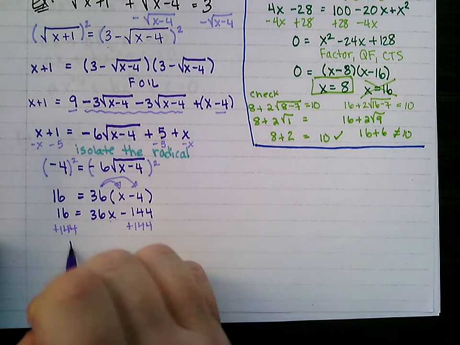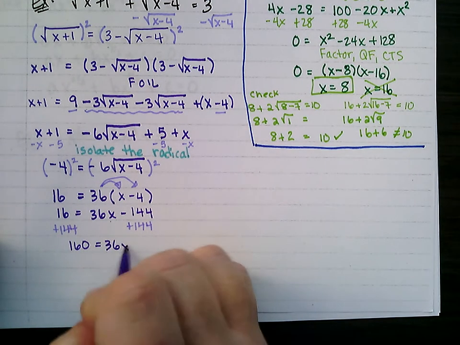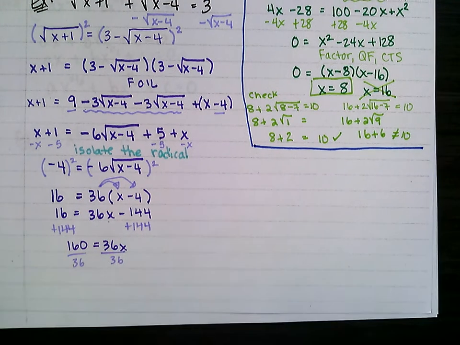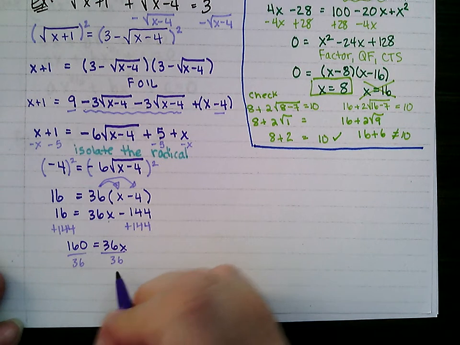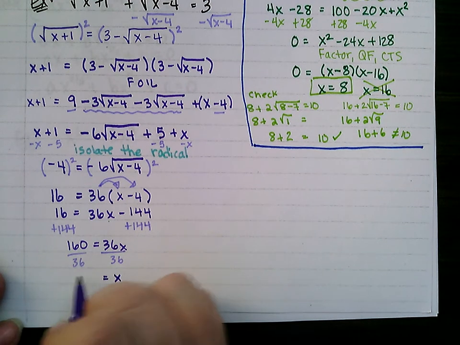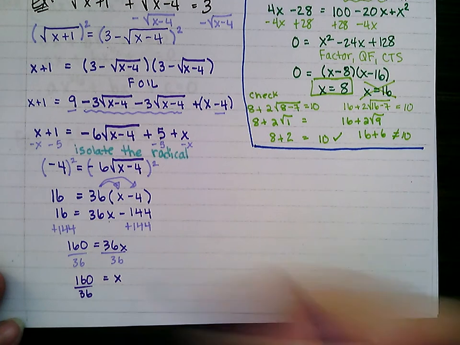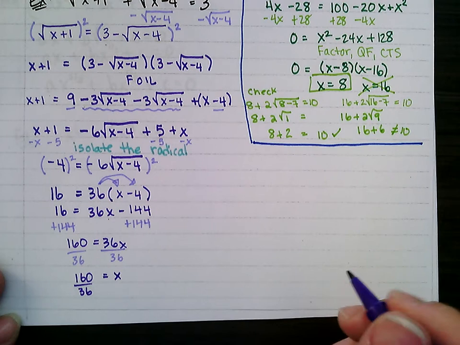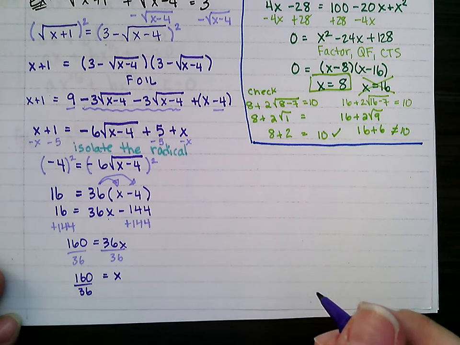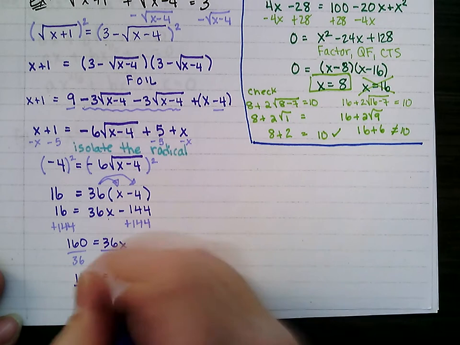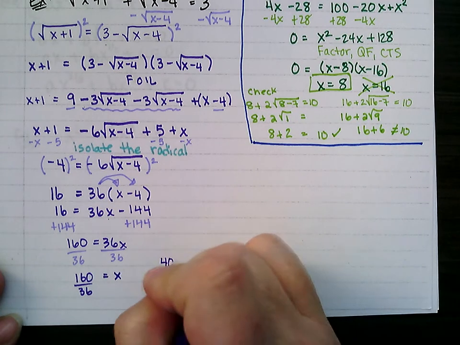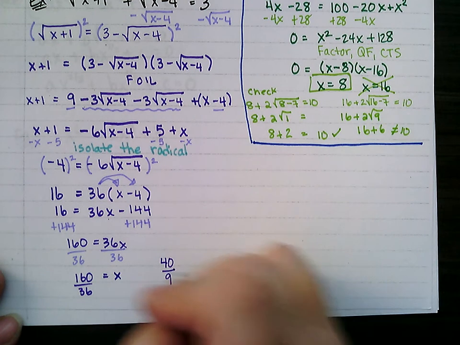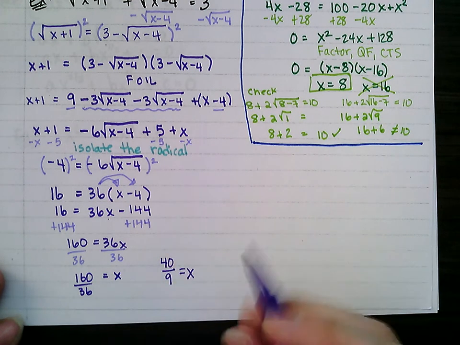What is that? 160 equals 36x. Divide by 36. And we get x equals 160 over 36, which those are both divisible by 4, because that would be 40, and 36 divided by 4 would be 9. Okay, so that's what we're getting for x, 40 over 9.